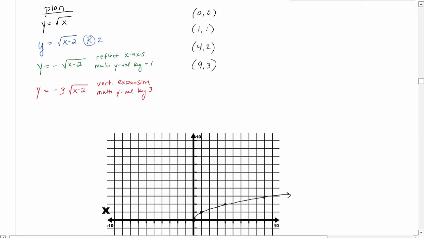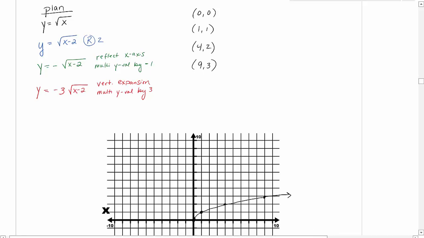All right, our first transformation of shifting 2 to the right. I know visually what I'm going to see, but I also want to get my list of points. Since we're shifting to the right, that's horizontal. Our horizontal component, the x value, is what's going to change.